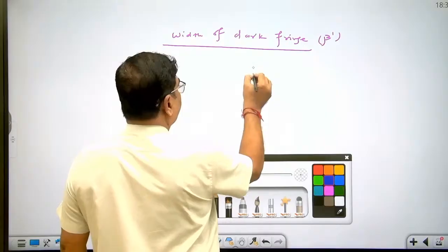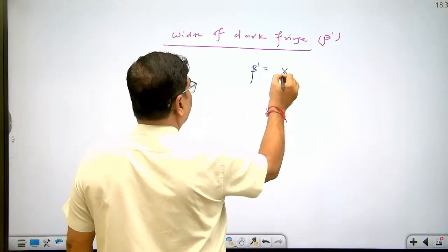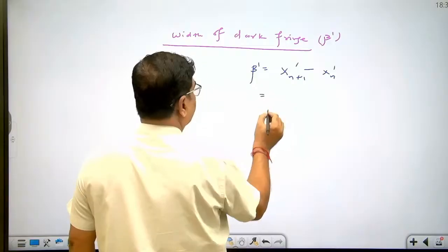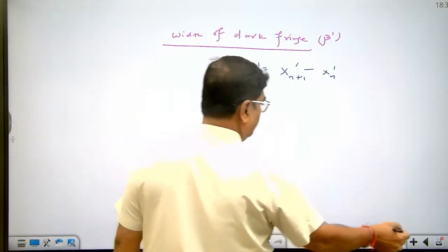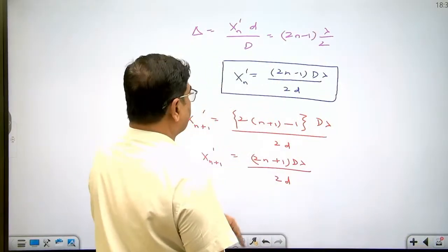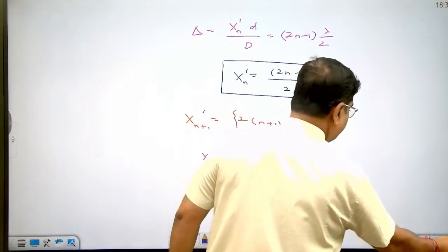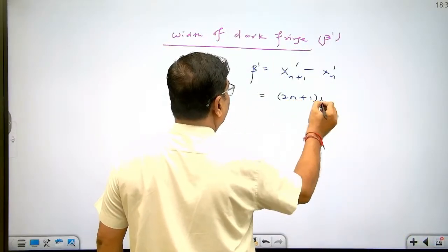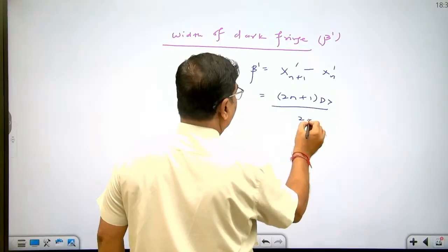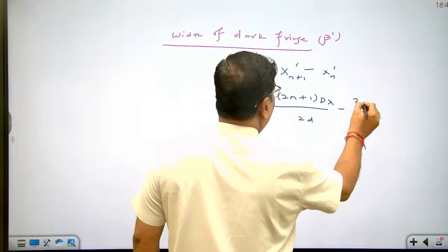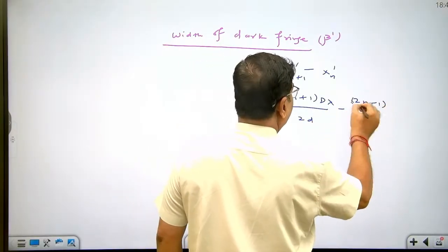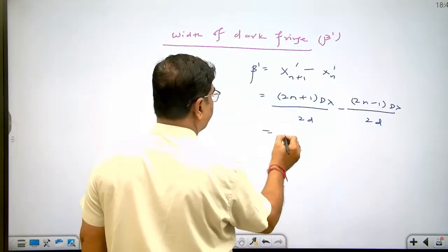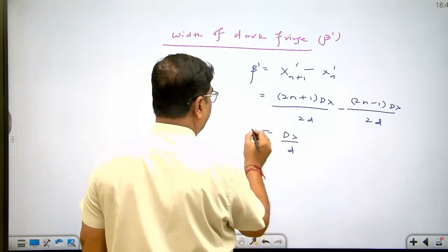We can write beta dash equal to xn plus 1 dash minus xn dash. This is equal to (2n plus 1) D lambda upon 2d minus (2n minus 1) D lambda upon 2d. After solving this equation, we will get D lambda upon d.